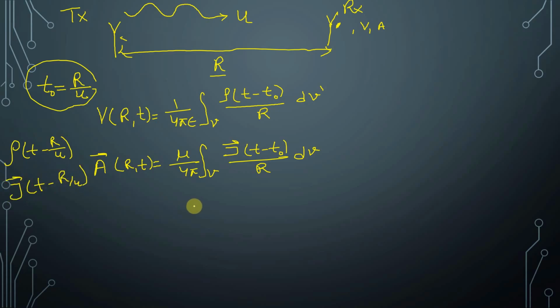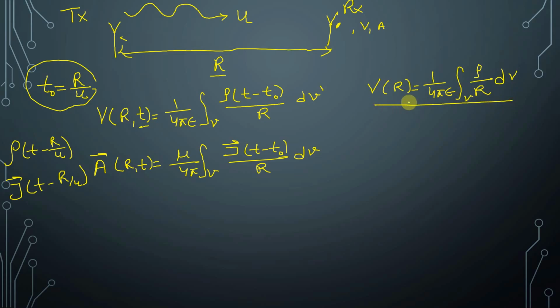Now if you compare with the simple one we have also written, if you are not considering this time variation here, what was the V of R? V of R was 1 upon 4 pi epsilon volume integral rho by R dV.